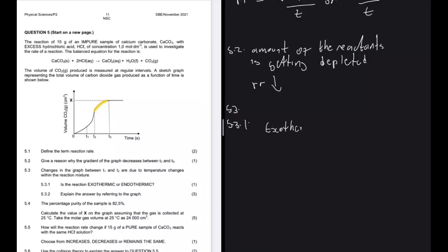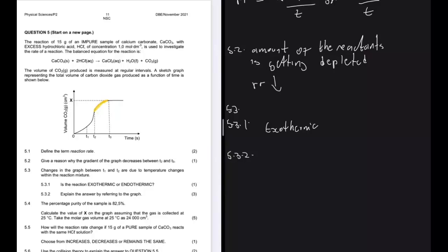Why are we saying that it's exothermic? Because the temperature change is within, right? And then from T1 to T2, the reaction rate increases. So let me go a bit deeper on that and further try and explain the concept. In an exothermic reaction, there's a temperature change within, right?